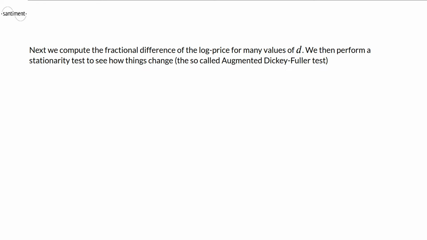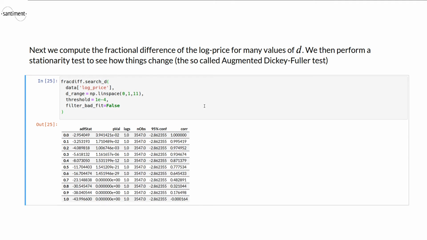This is the so-called augmented Dickey-Fuller test, which was recommended in the book. I couldn't really understand in detail how it works. It seems that if you want to understand it, you have to read the original papers. The information that I found on Wikipedia didn't seem, at least to me, sufficient.